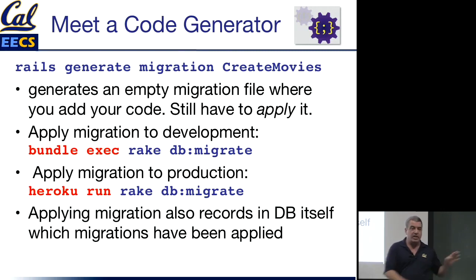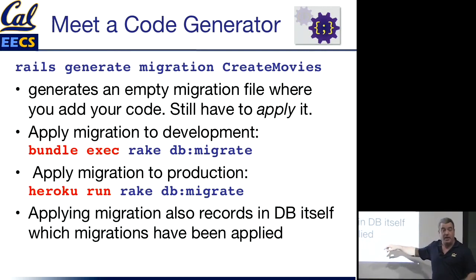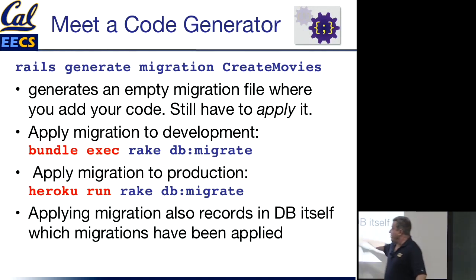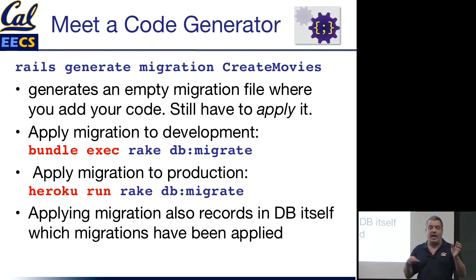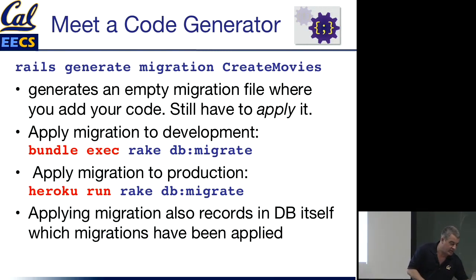If we went in to look at the database now, which I shan't do because of lack of time, you would see that Rails actually creates another table on its own that tracks which migrations have been applied. So if you've got a bunch of migrations that you have added, and you've got colleagues that have added other migrations, and now you merge your code bases, when everybody runs db:migrate, all of the remaining ones will be applied. It's basically smart about knowing which migrations are still outstanding, which is great when you're trying to keep production the same as development.